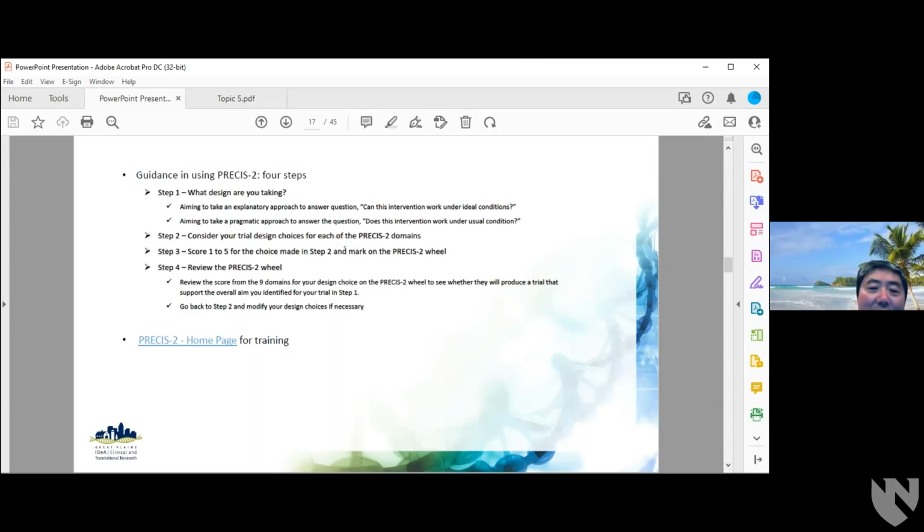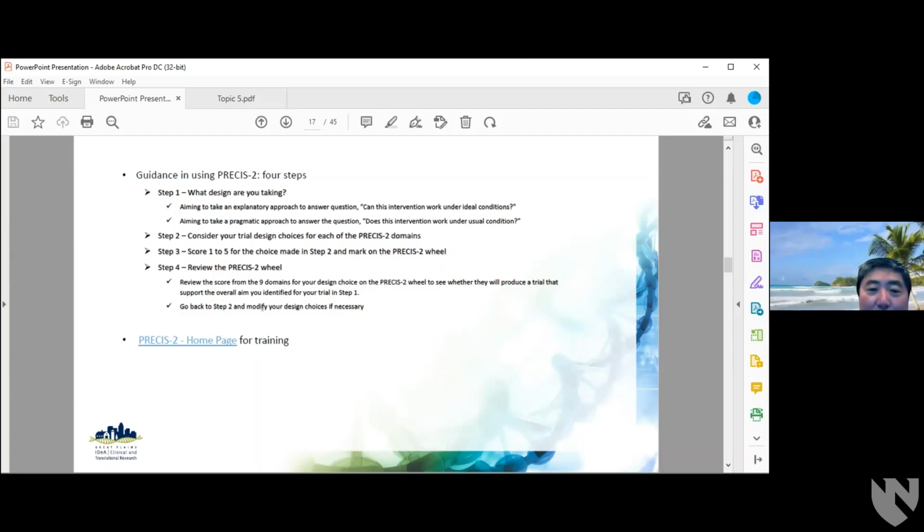Then you have to consider the design choices. With the primary goal determined, you then try to determine from the 9 domains, as we just talked about, the design choices. I talked about a couple of them. You choose the domains that are relevant to the trial. Then you score each domain to assess whether it's more pragmatic oriented or more exploratory oriented.